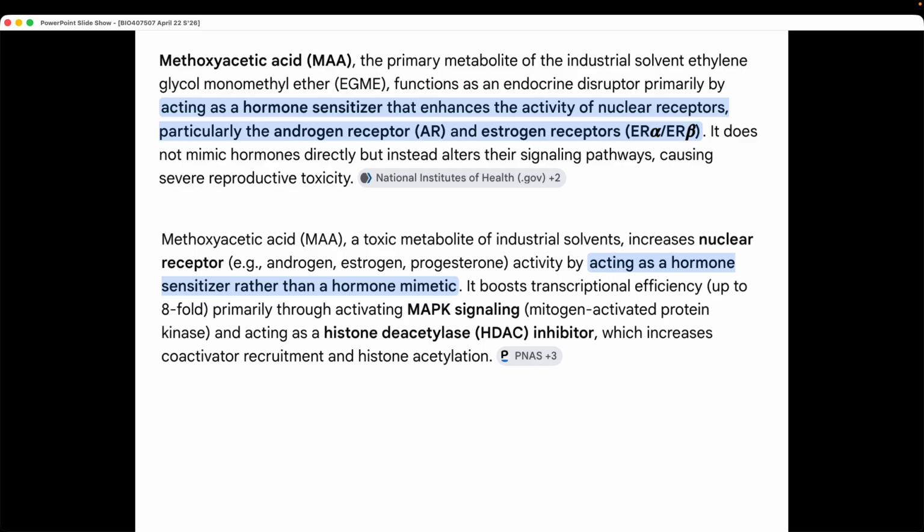Yep. And so it looks like methoxyacetic acid would be another example where it's a complicated story, multifactorial, multiple problems causing its teratogenicity, but it might feature another example of endocrine disruption that is a good example for us to pin down.